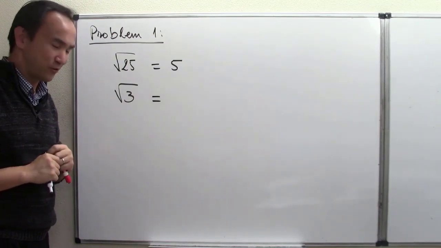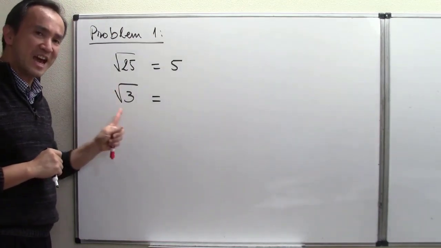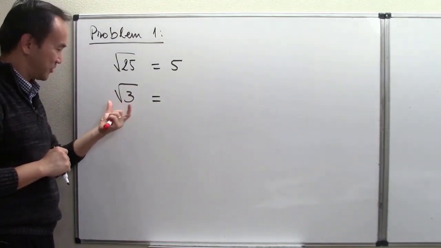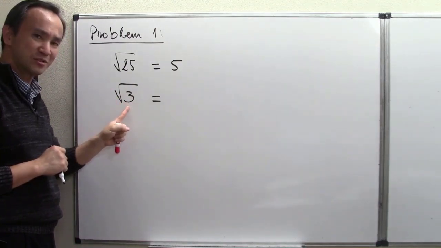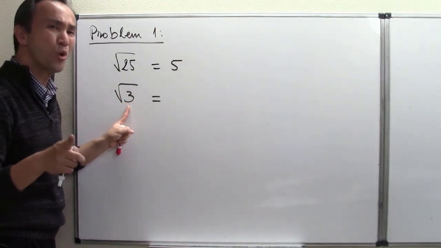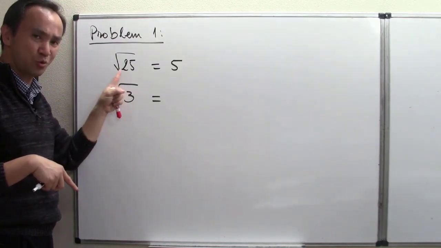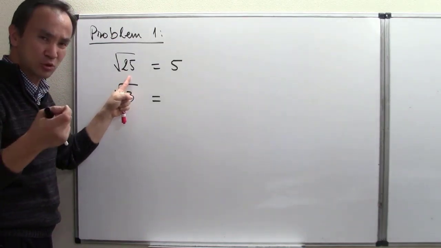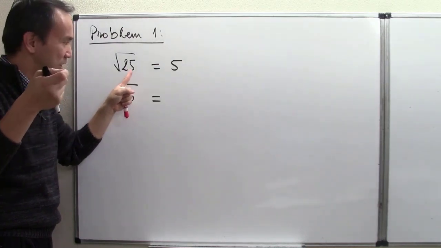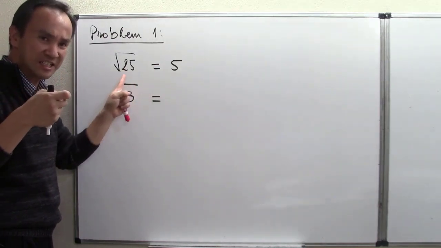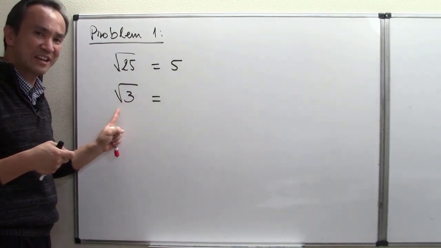Take my word carefully: I am not saying that the final value does not exist. But notice that the 3 here is not a perfect square. Whereas over here, 25 is a perfect square, the perfect square of 5. We can recognize that easily, whereas here we can't recognize it that easily.